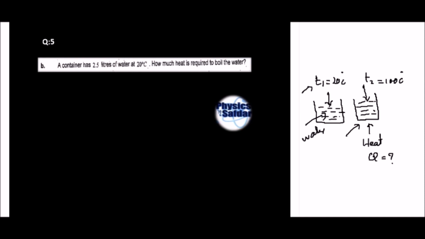First, write the information given and required. We have volume of water, that is 2.5 liter. Then mass of water. 1 liter has 1 kilogram of mass. So you can write 2.5 liter of water, 2.5 kilogram.